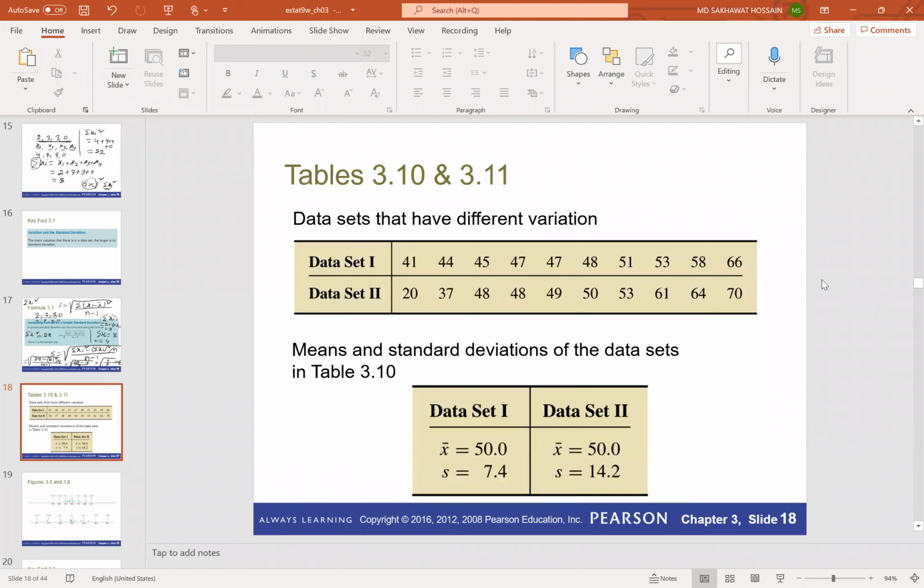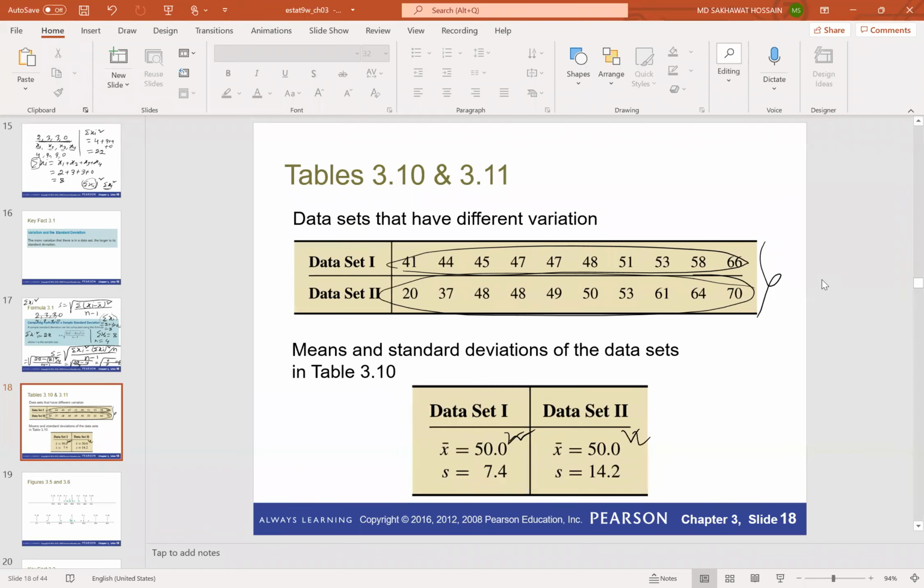Okay, so now we have two datasets that have different variation. So dataset 1 and dataset 2. If we calculate the sample mean of the first dataset and the sample mean of the second dataset, the mean for the first one is 50, and the sample mean for the second one is also 50.